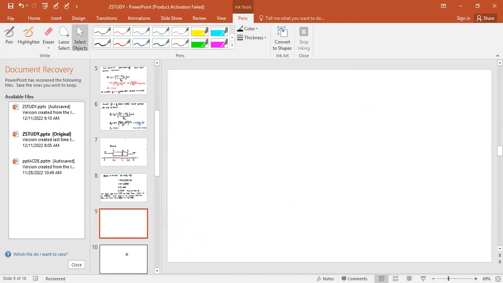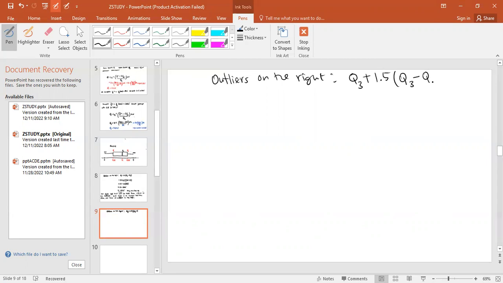Now let's check outliers on the right. For outliers on the right-hand side, the formula is Q3 plus 1.5 times the interquartile range, Q3 minus Q1. Any number found to be greater than the result will be considered an outlier.